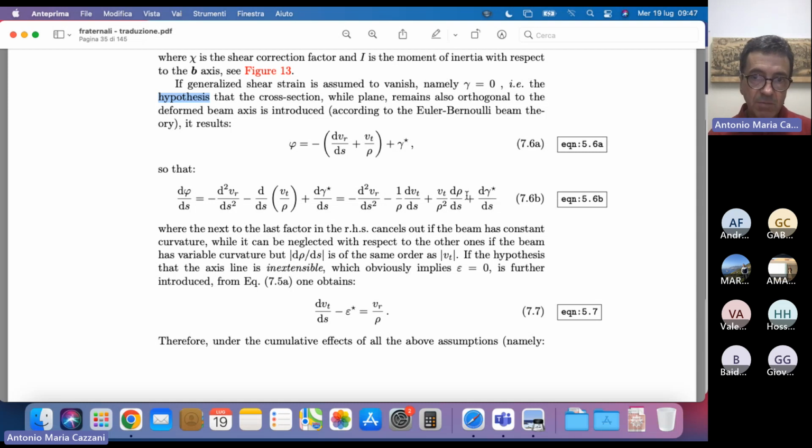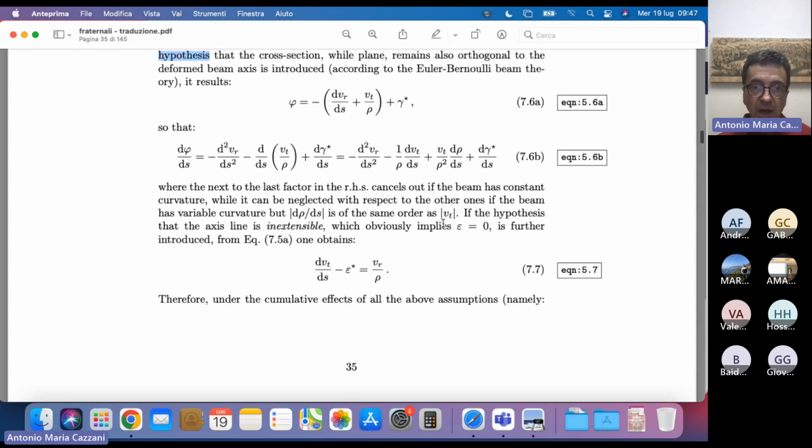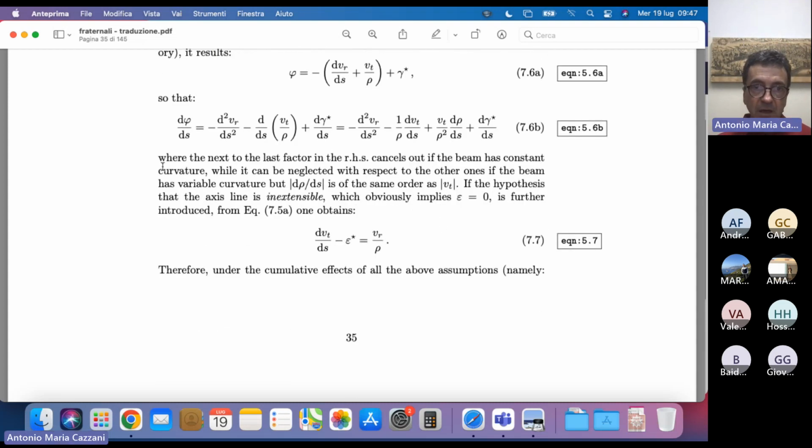Of course, this expression, the derivative of the curvature with reference to the arc length, will vanish if the curvature is constant, or can be disregarded if this term is of the same order as Vt.